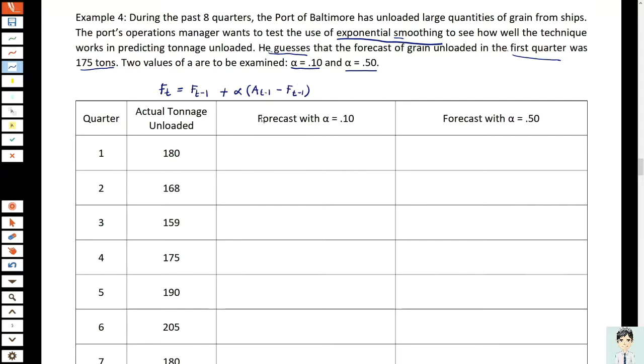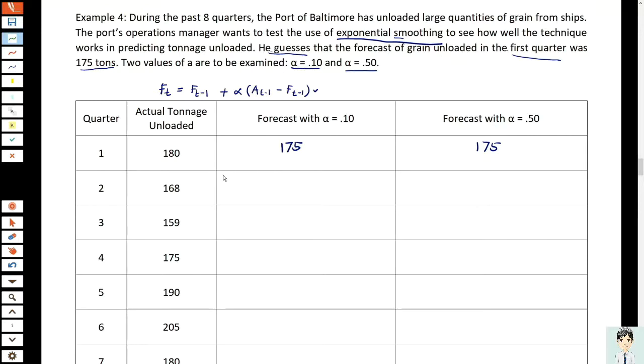So this is the formula of exponential smoothing. He also said here that he guesses the forecast of grain unloaded in the first quarter was 175 tons. So our first forecast is 175 tons.